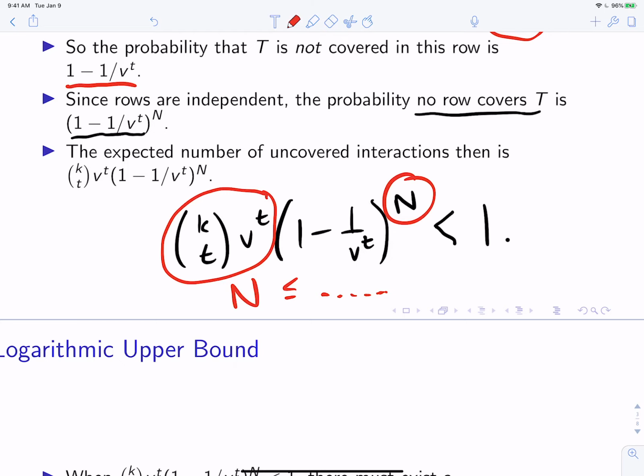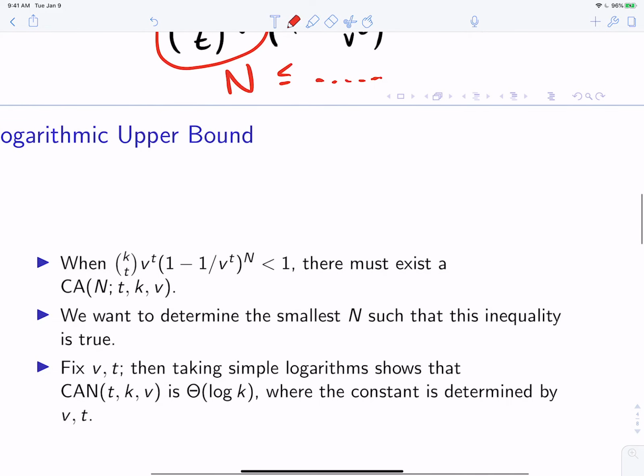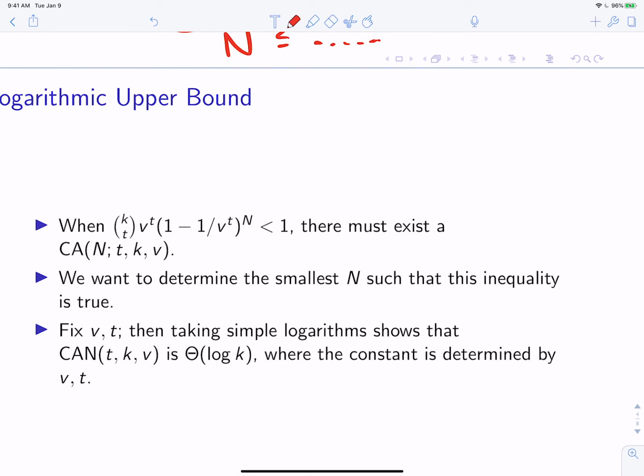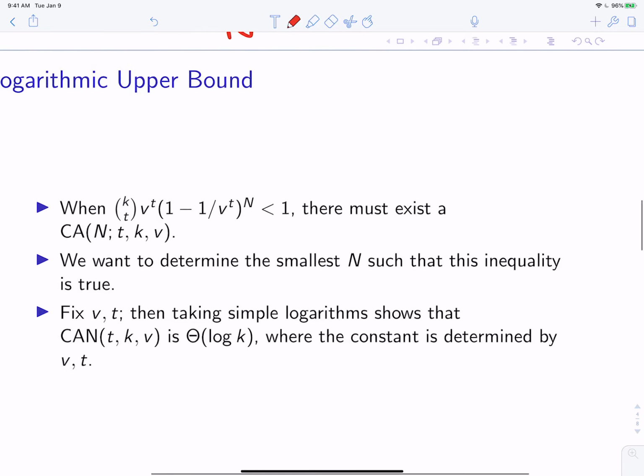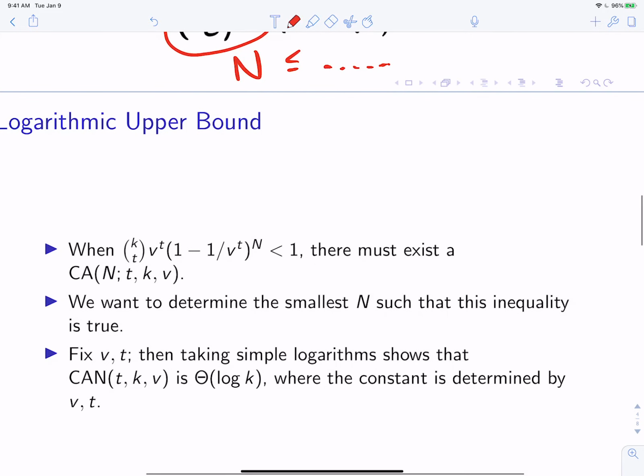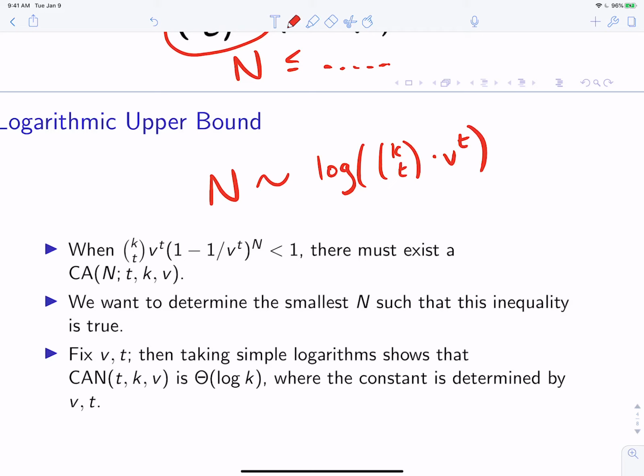But basically, yeah, we talked about that first line. What you'll have is something where n is approximately the log of k choose t times v to the t, divided by the log of other things, which I won't get into.